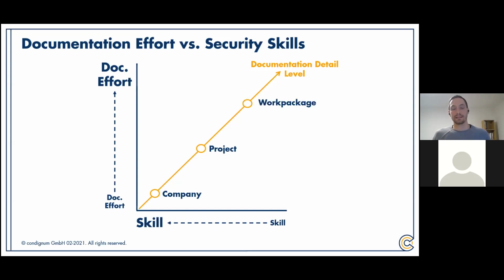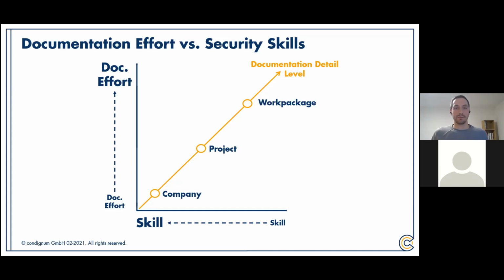And if the skill level is even lower, then I would really recommend picking the appropriate requirements for each work package. So maybe for each sprint, or even better, for each user story. You can, for example, attach the necessary requirements to each user story via Jira subtasks or something like that.